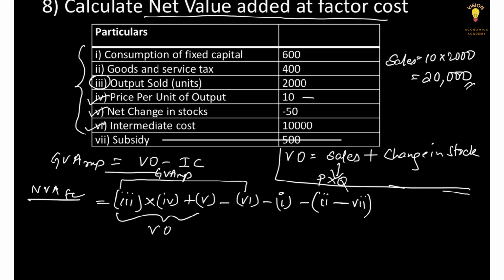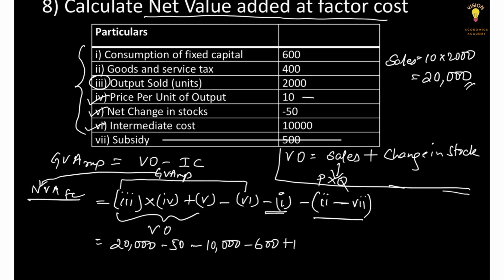From G to N, we have to subtract depreciation, and from MP to FC, we have to subtract net indirect taxes, that is indirect tax minus subsidy. So we'll put in the values: 20,000, minus 50, minus 10,000, minus 600, plus 100, which will give us 9,950 minus 500. Simple arithmetic calculation.